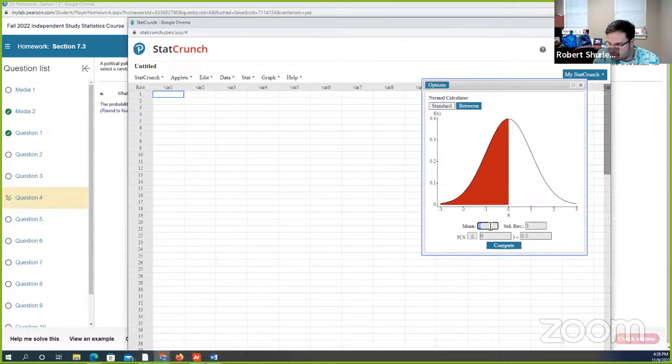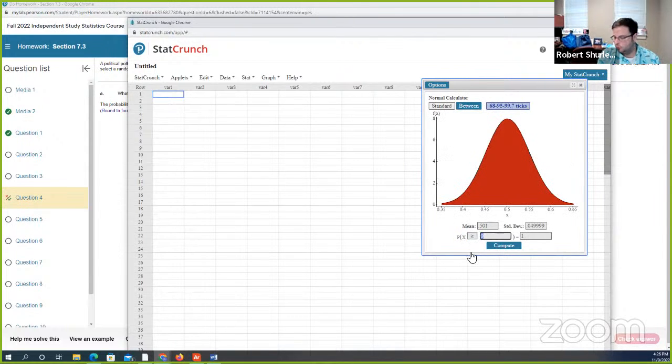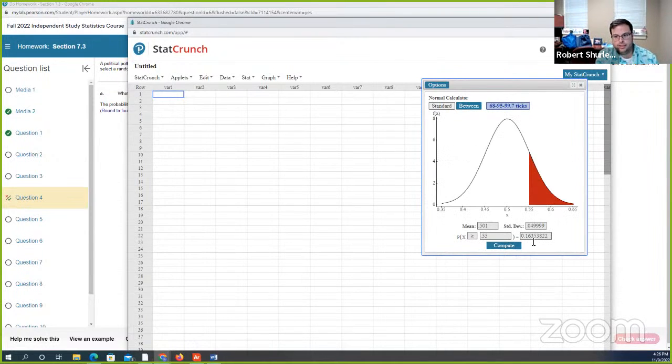Our mean, now this is the population mean, for this example is 0.501. Our standard deviation, which is what we found in that equation, was 0.049999. That's close enough. And we want to know the probability that this proportion is greater than or equal to 0.55.